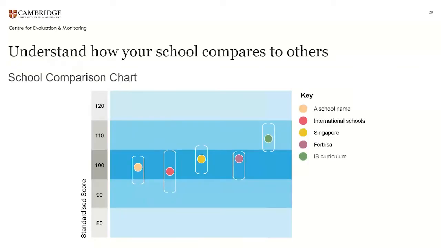Lovely, thanks, Natasha. Just before we move away from looking at the present, one of the things that's always quite interesting, and this comes back to benchmarking, is how your school compares to other, similar schools, whether in the same country, the same region, the same association, or the same curriculum.